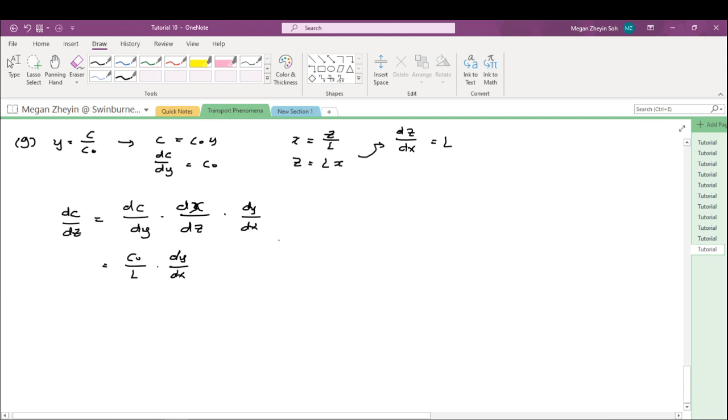Of course, d squared c over dz squared is equal to d/dz multiplied by dc/dz. Therefore, dz is L dx, multiplied by dc/dz, which is this.